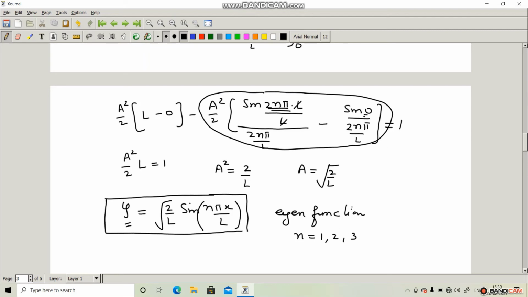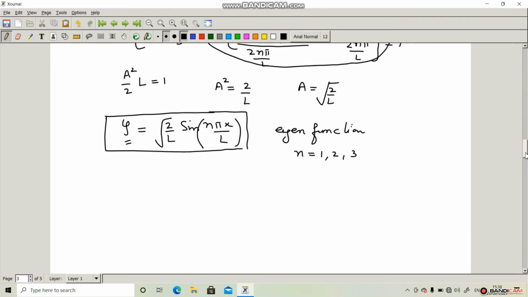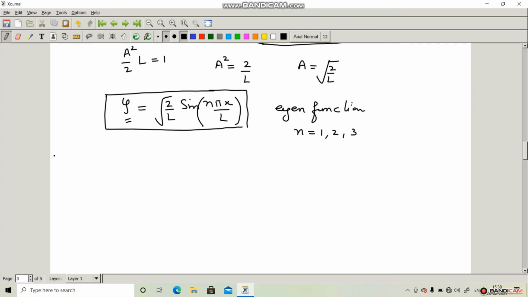And in this wave function, the value of wave function psi may be negative or positive.